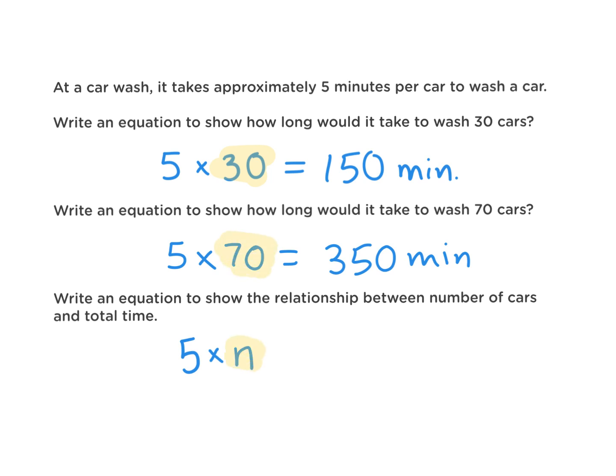It represented the number of cars. And then that's going to equal the time, because that's what the 150 and the 350 represented. They represented the time. So we can think about writing the equations this way as well.